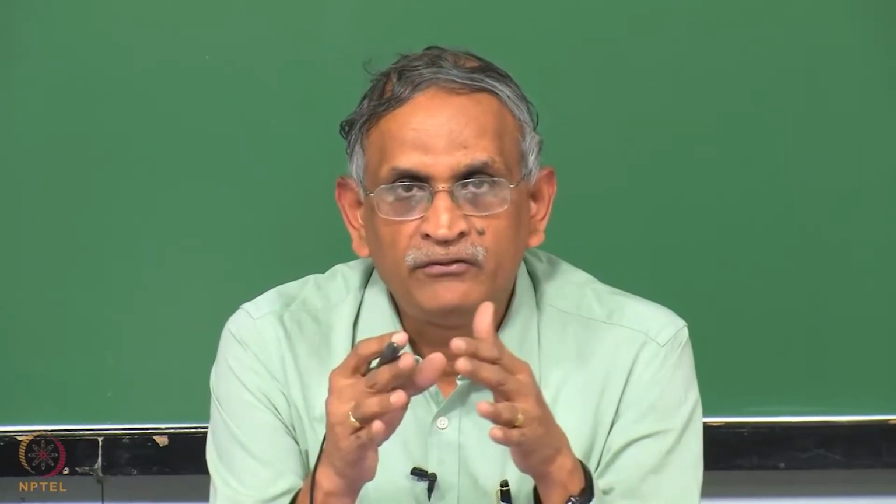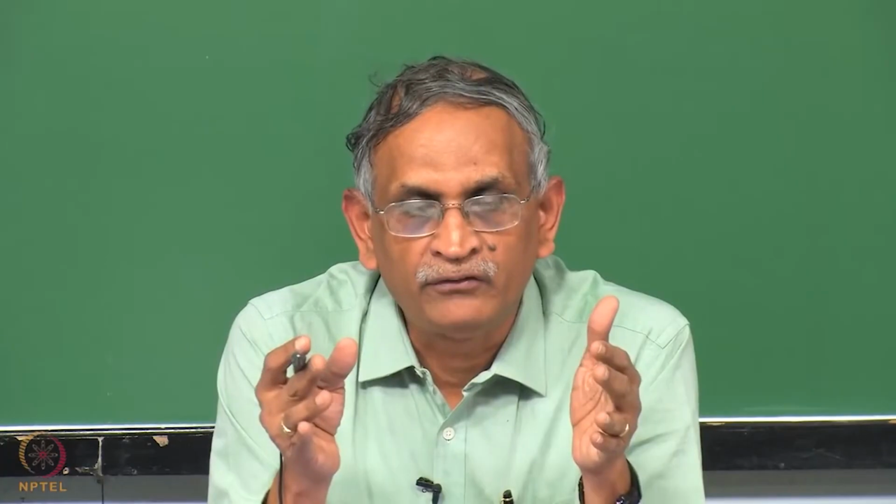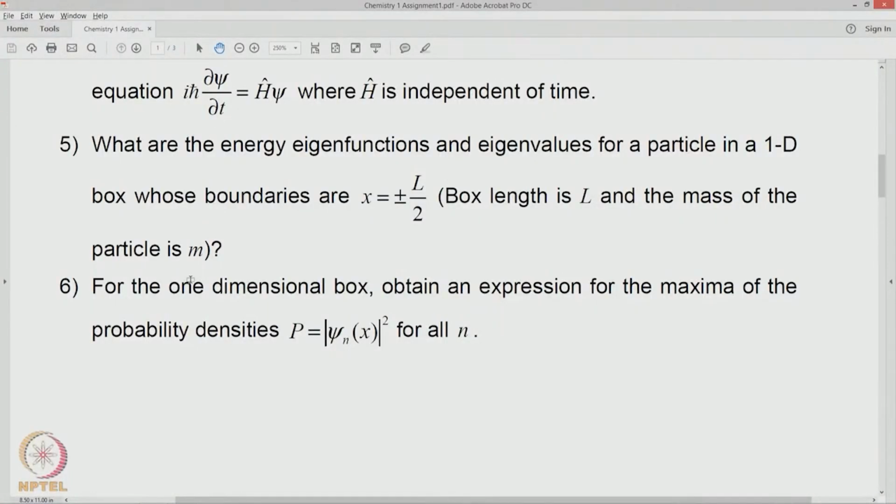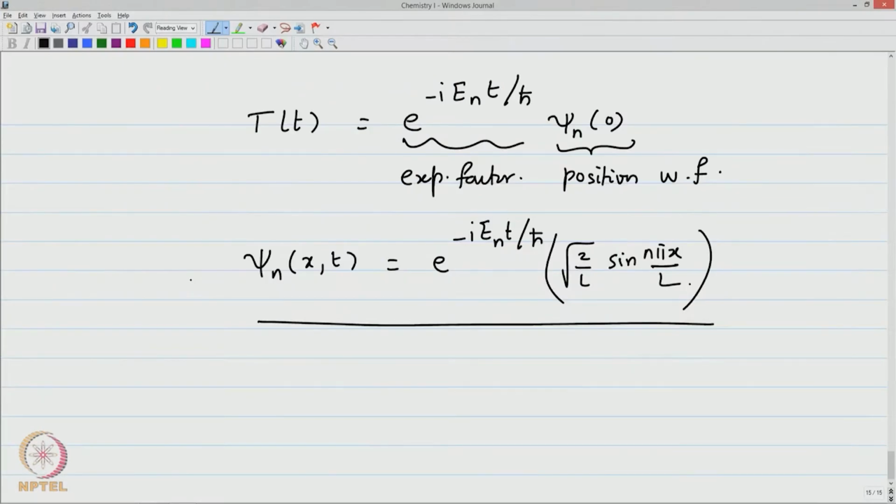The coordinates have been integrated out. Therefore, as long as the length of the box is L and the particle's mass is m, the energy eigenvalues do not change. It does not matter where you put your coordinates if the box width is the same as before.